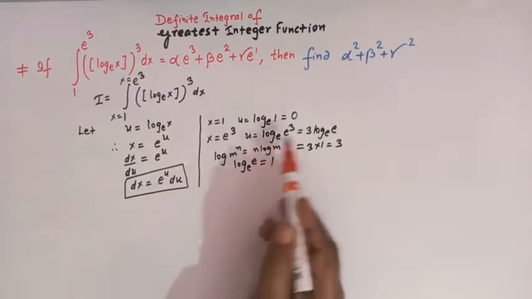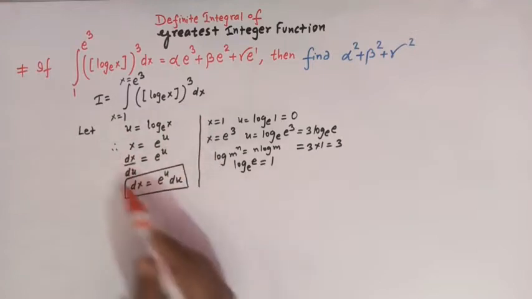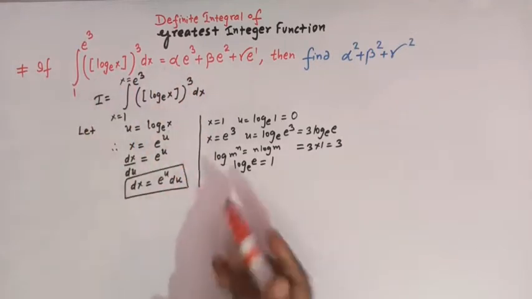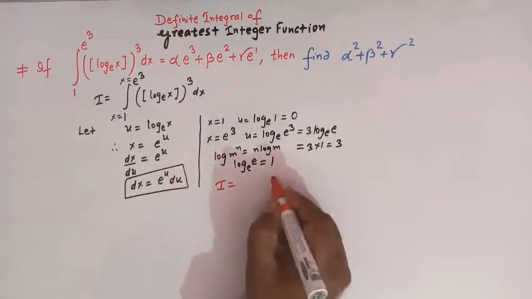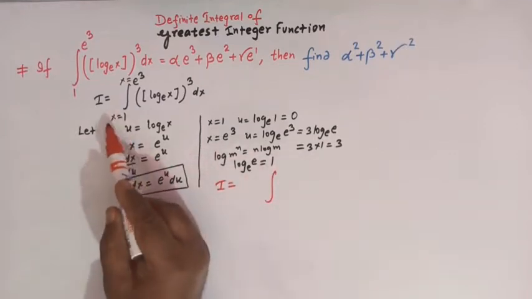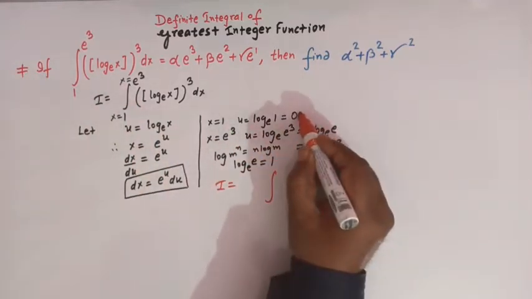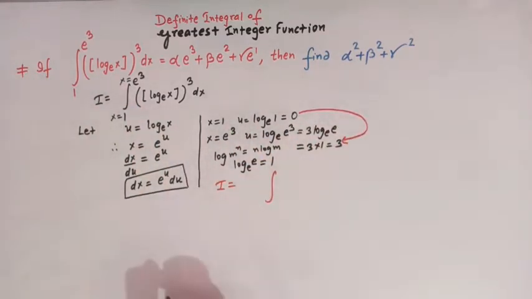Now once we have done all this, we can rewrite our integral I. The limits change from 1 to e cube, and here u changes from 0 to 3.